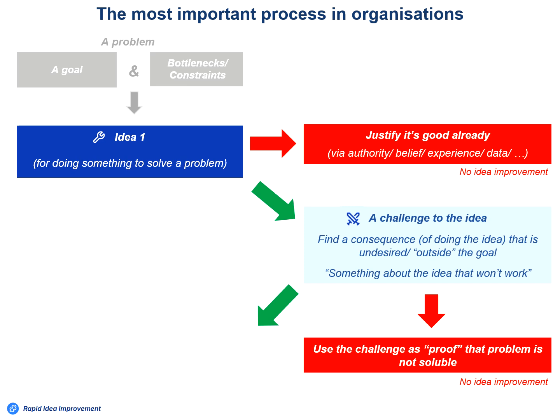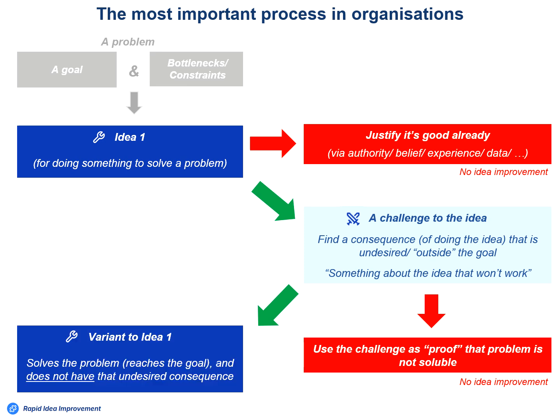The other route, the route that is idea improvement, is to come up with a variant to the idea one that still solves the problem. In other words, it reaches the goal or parts of the goal, and it does not have that undesired consequence, that consequence that didn't correspond to the goal.